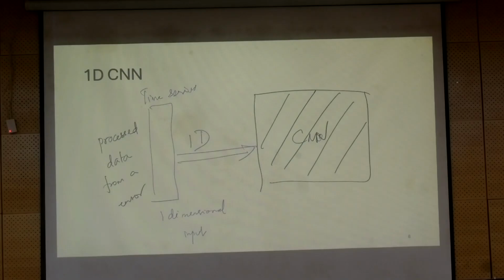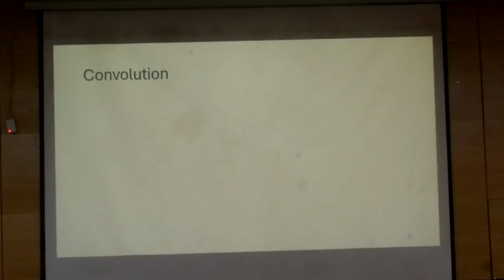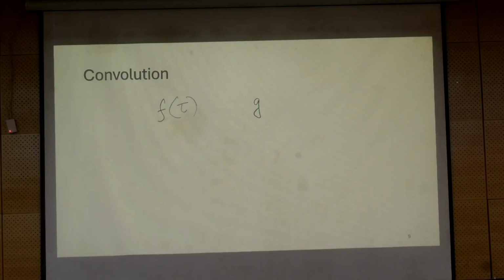So all this while we have been talking about convolutional neural network, abbreviated as CNN. So what exactly is convolution? We would all have learnt it in engineering, but to quickly recollect, if there is a function f, which is a function of time, and another function g, which is also a function of time, convolving these two functions means you take the value of f at a particular instant, let's say tau, and multiply it with the flipped value of function g.